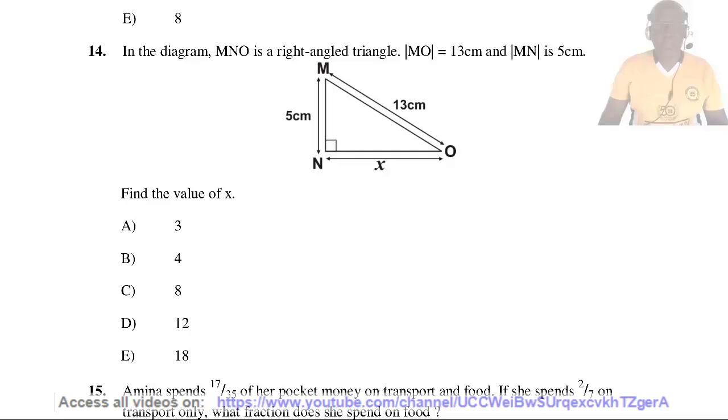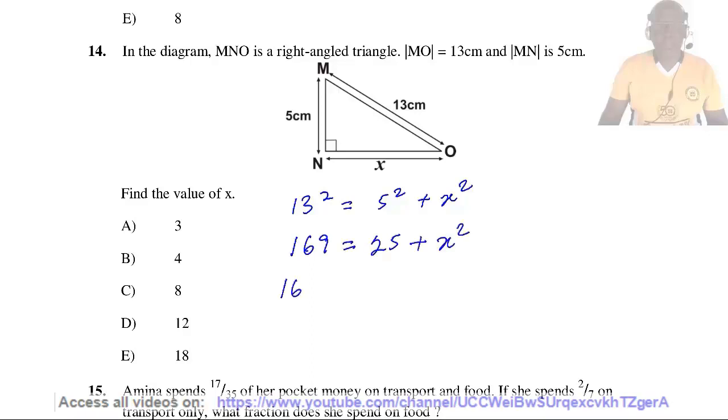The triangle is a right angle triangle. The hypotenuse equals 13 centimeters. From Pythagoras theorem, the square of the hypotenuse, that's 13 squared, equals 5 squared plus S squared. 13 squared is the same as 13 times 13, which equals 169. 5 squared is 25 plus S squared.